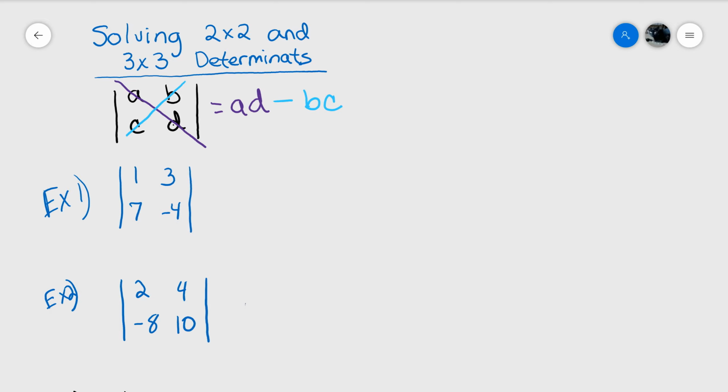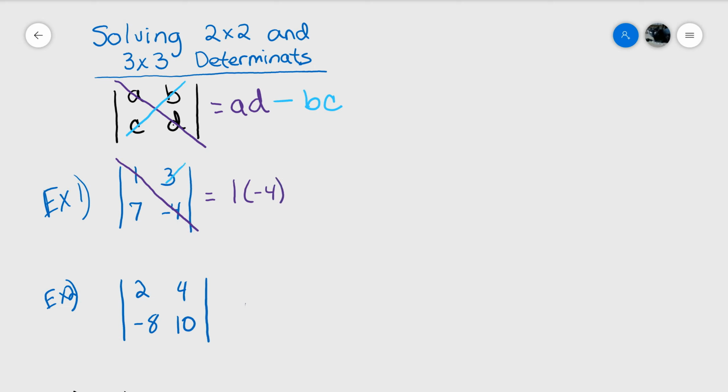All right, so example 1, we have this matrix 1, 3, 7, -4. Determinants are also denoted by straight lines on your matrix instead of the brackets that we have been using. So we start upper left and multiply those, 1 times -4.